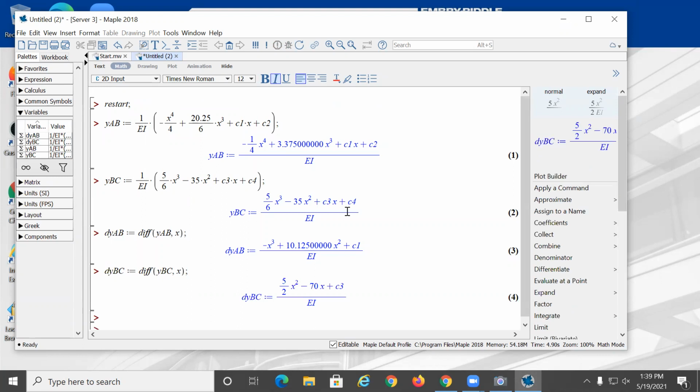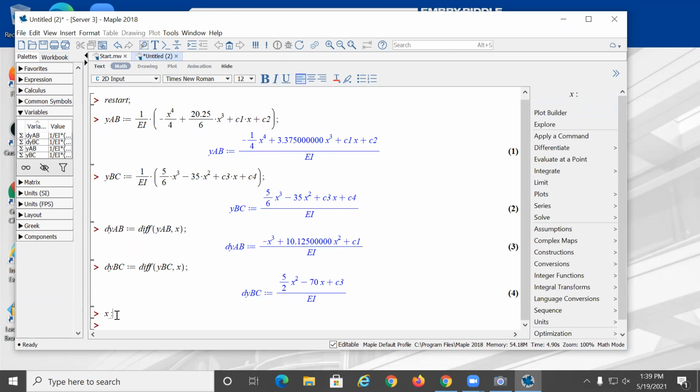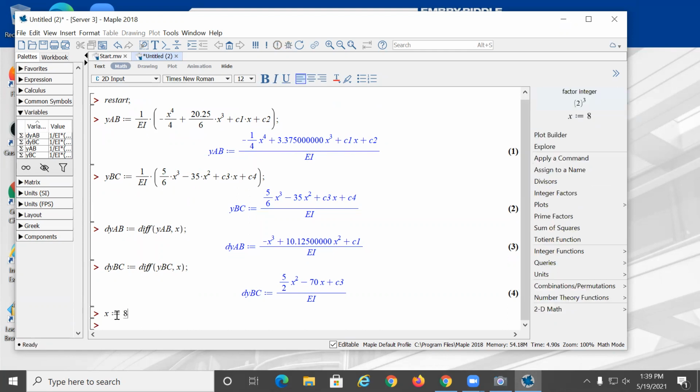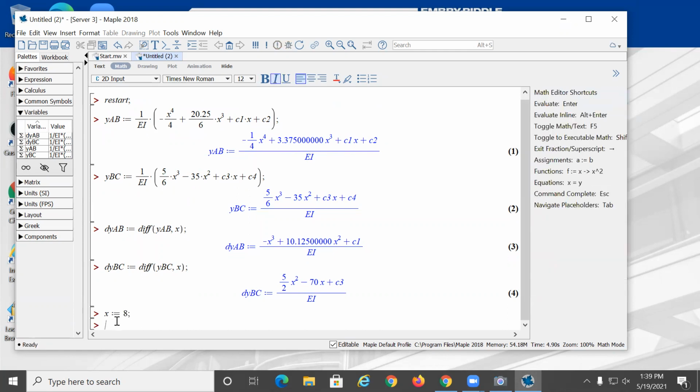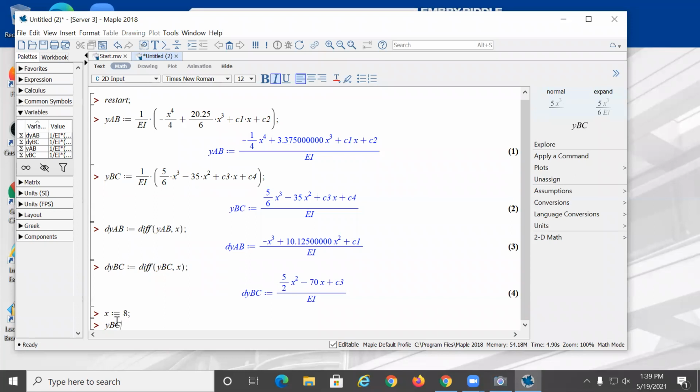Okay, so the first equation we did over here, maybe we don't need to do it. If X equals 0, we had C2 equal to 0, no? Okay, now we need to apply the ones at X equal 8. So at X equal 8, the condition we just applied now is that Y of BC needs to be equal to 0.